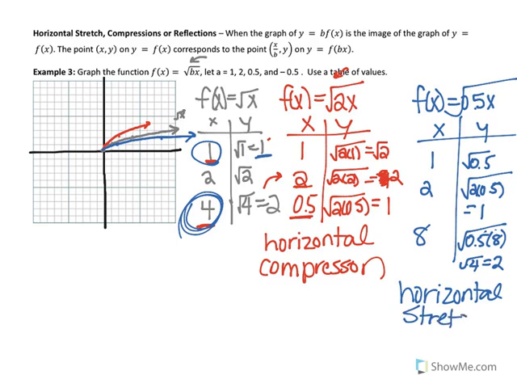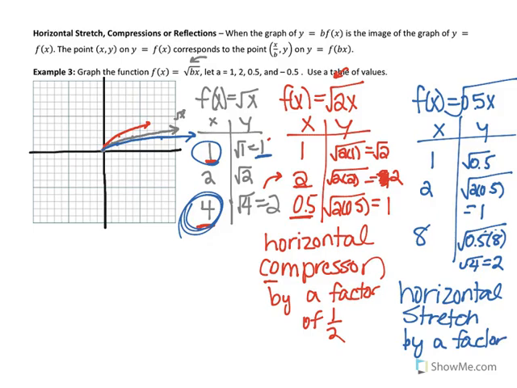And if you noticed, the previous one is a horizontal compression by a factor of a half. Everything was 1 over 2. This one is a horizontal stretch by a factor of 2.